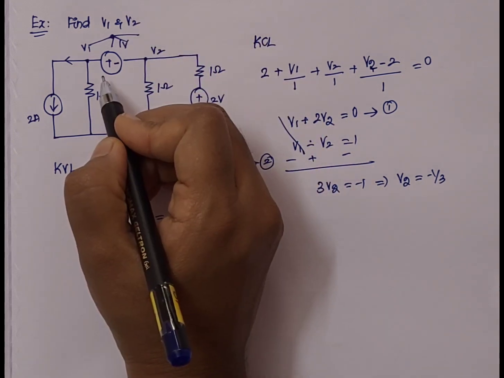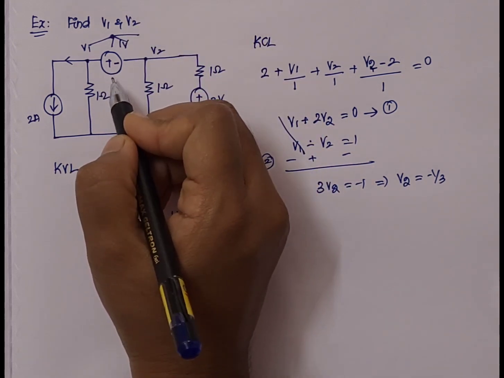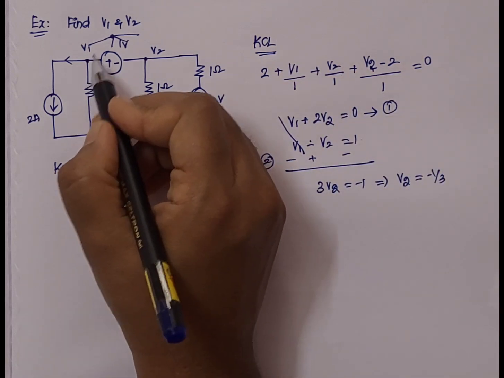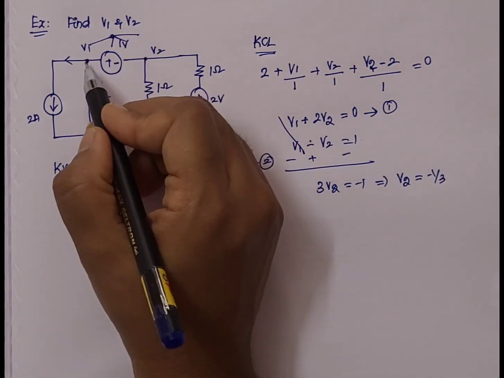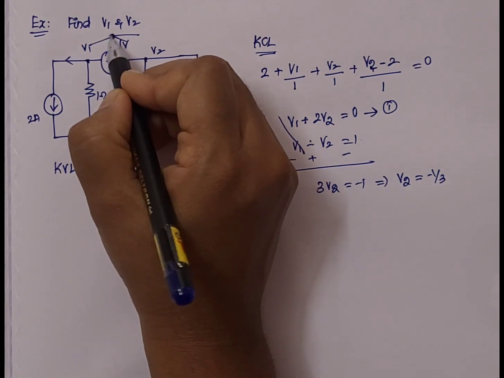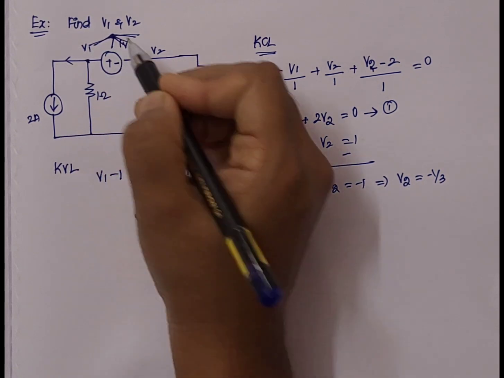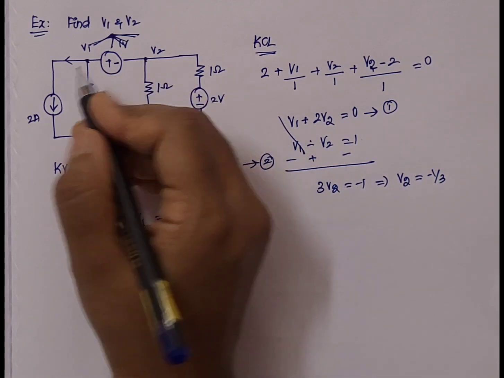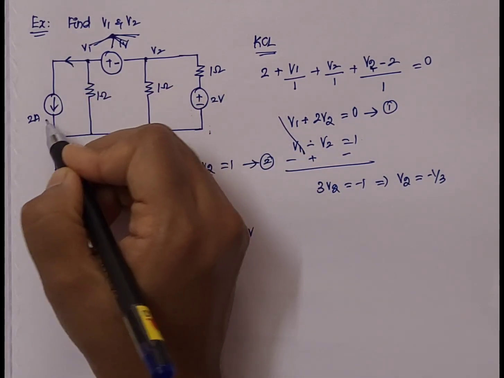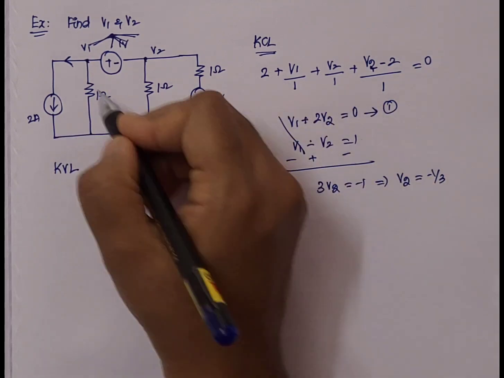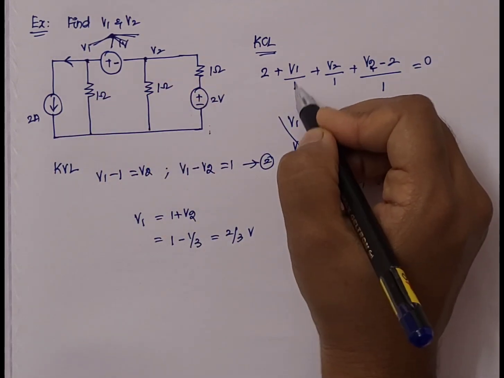To solve this particular problem, as we have seen earlier, we have to apply KCL first. That is, we have to convert this particular supernode, that is, we have V1 and V2. Converting this into a supernode, we will have a single node where the other branches are connected in this particular way. So applying KCL at this junction, the current is flowing in this direction and the current given is also in the same direction, which means 2, plus across this branch it is V1 by 1.